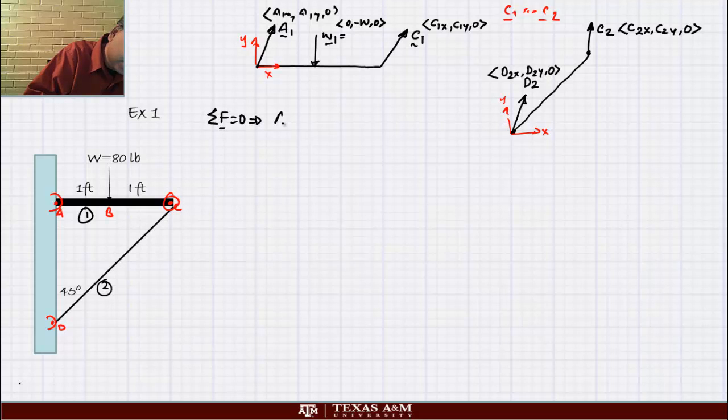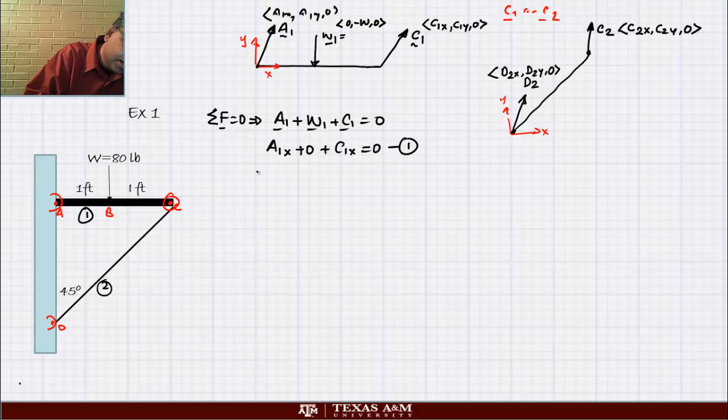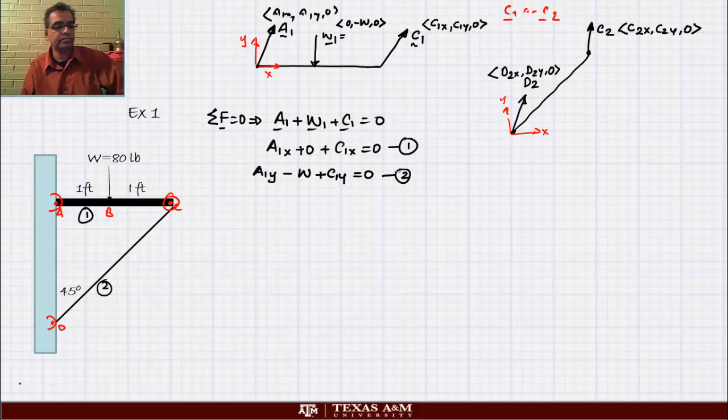Vector version looks like A1 plus W1 plus C1 equal to 0, and this gives me two equations. A1x plus 0 plus C1x equal to 0. That's equation number 1. A1y minus W plus C1y equal to 0. That's equation number 2. Okay, so notice that I am always keeping the index.